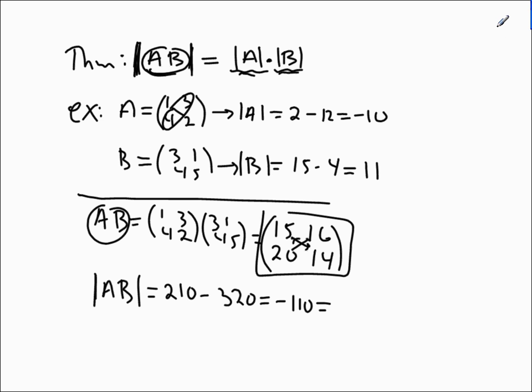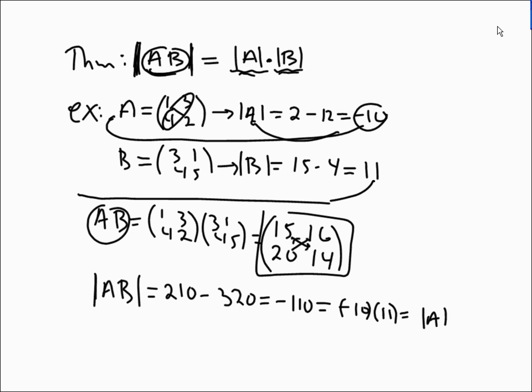And you know what? Negative 110 is negative 10 times 11. And negative 10 is the determinant of A, and 11, the determinant of B.